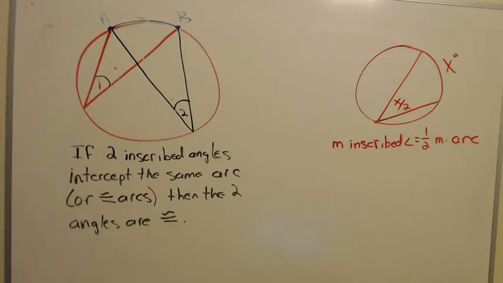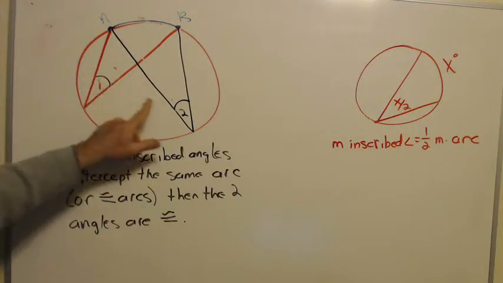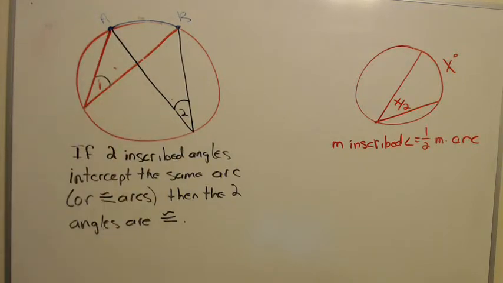So that's the picture we've got here. Two inscribed angles intercepting the same arc, and you see the congruent marks on the two angles.